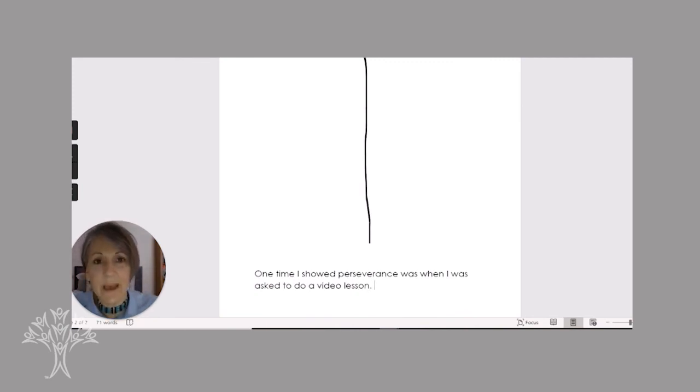All good writers go back and reread, so I'm going to do that now. One time I showed perseverance was when I was asked to do a video lesson. So now I see on my graphic organizer that I've included those words nervous and that my stomach hurt, so I'm going to include that in my writing now.